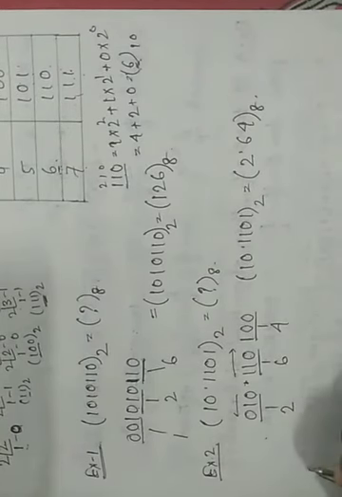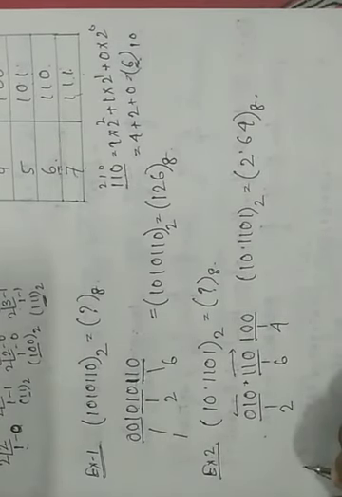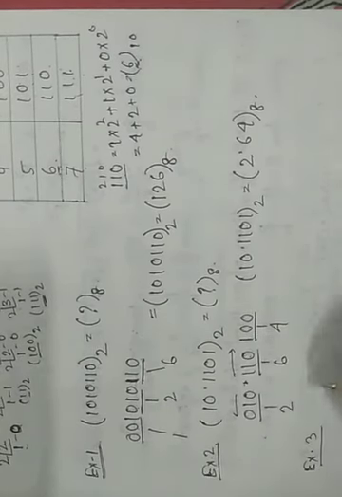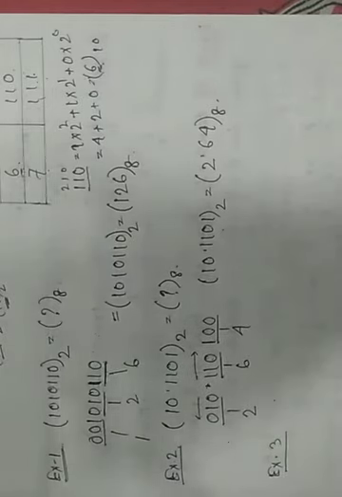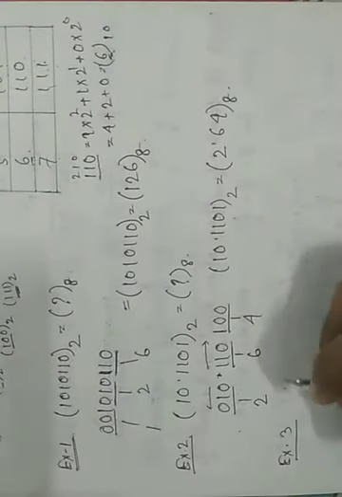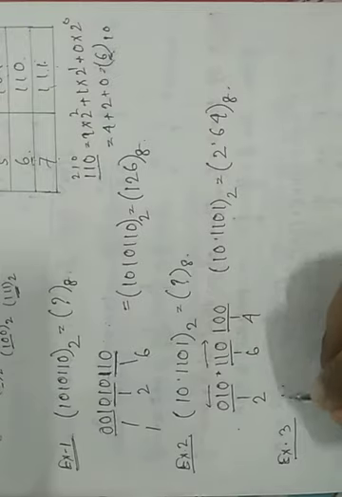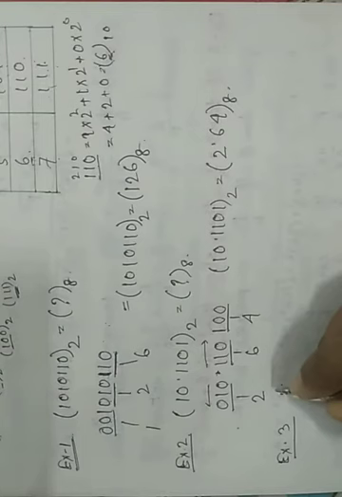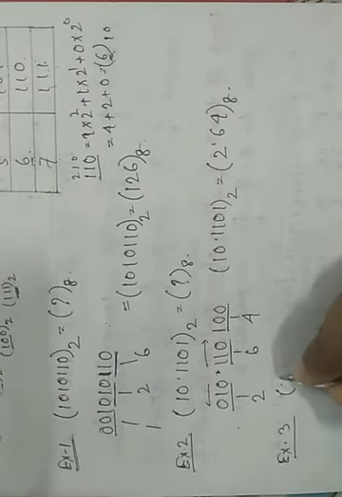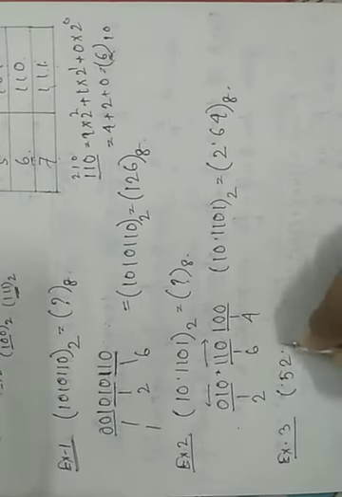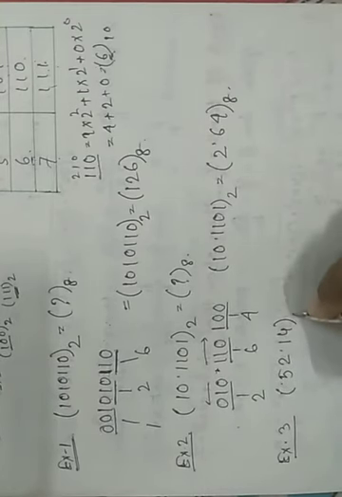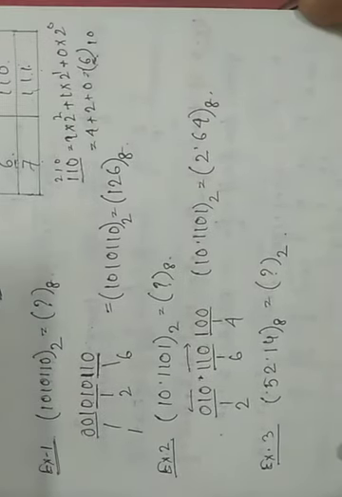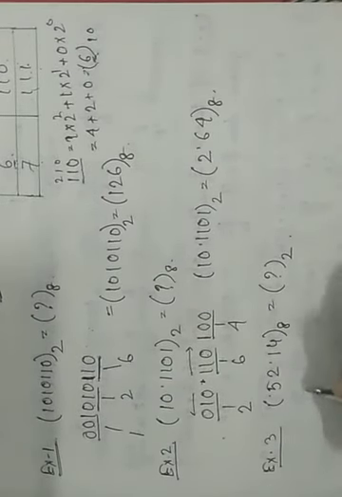Now here we are going to convert from octal to binary. It's also very easy. Suppose here is another number, octal to binary. So our octal number is, suppose, 52.14, and we have to convert it into binary.